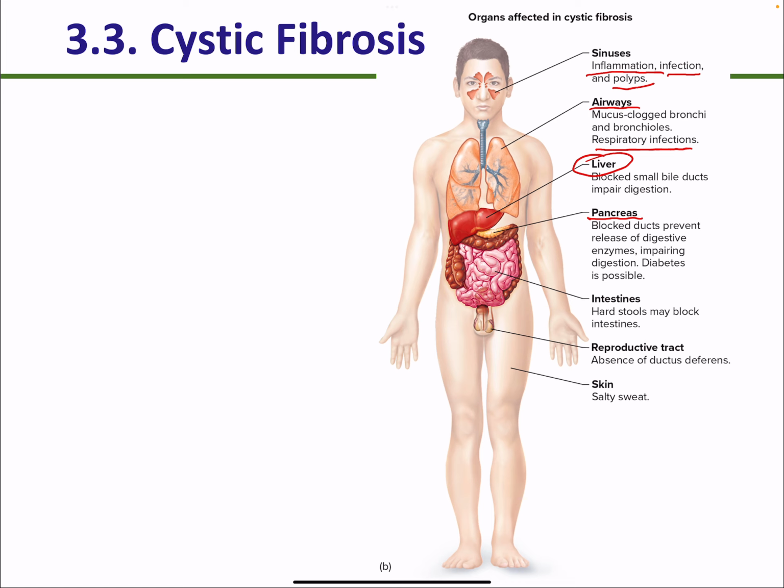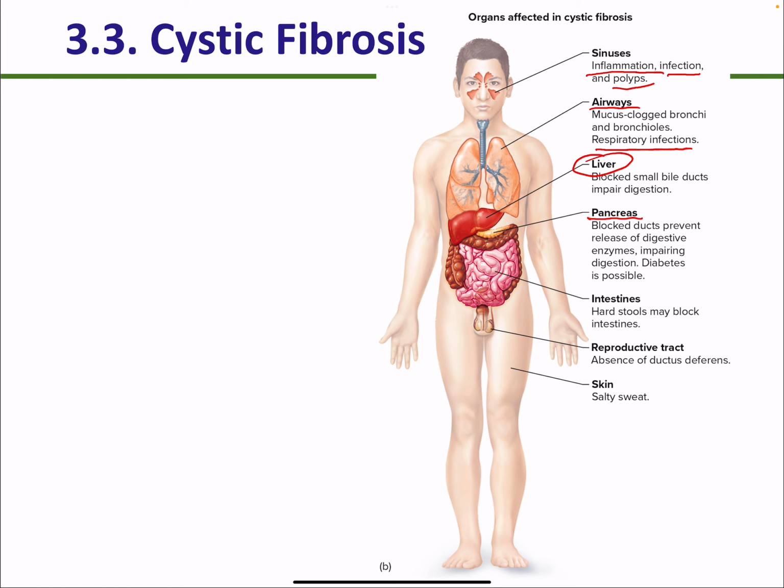And also, the pancreas happens to be an organ that controls the amount of sugar in our blood. The pancreas produces two hormones. One is called insulin, the other one is called glucagon. Both control the amount of sugar in the blood, right?